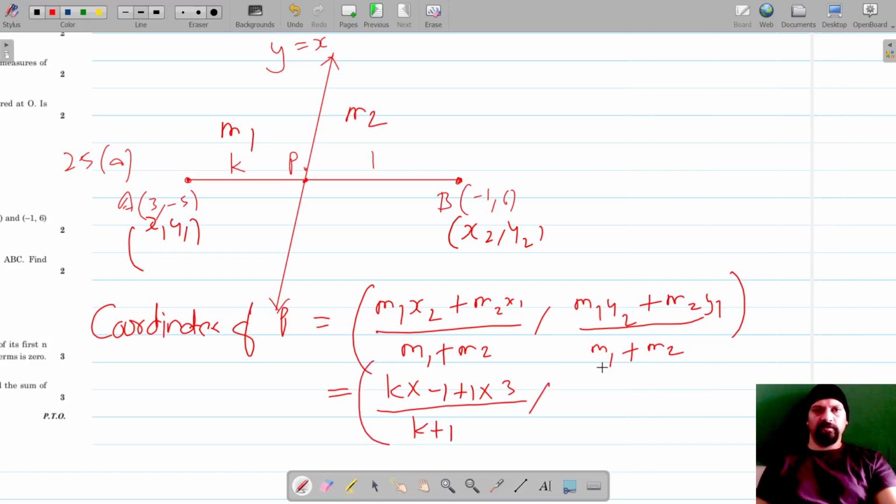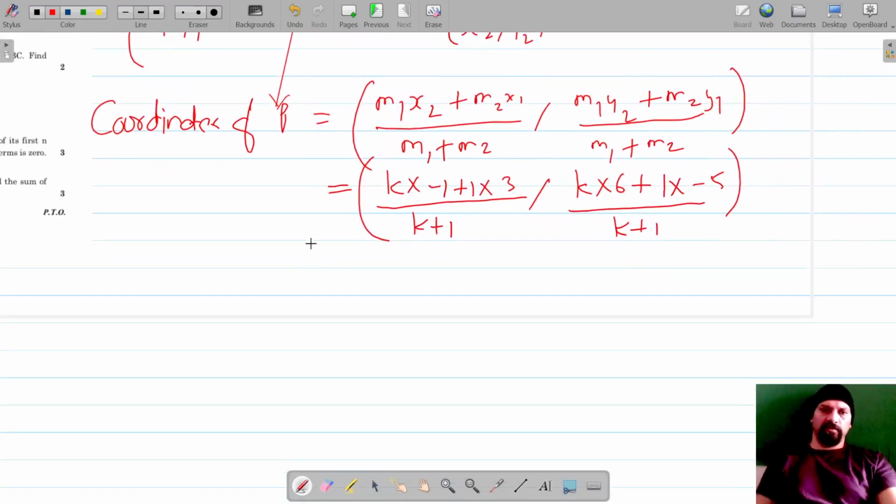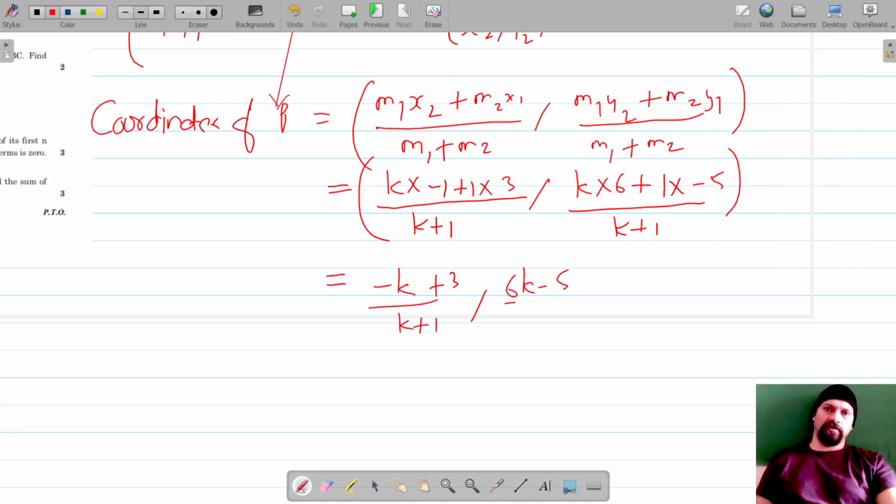For y, m1 is k, y2 is 6, m2 is 1, and y1 is negative 5 upon k plus 1. So this is equal to minus k plus 3 upon k plus 1, and 6k minus 5 upon k plus 1.